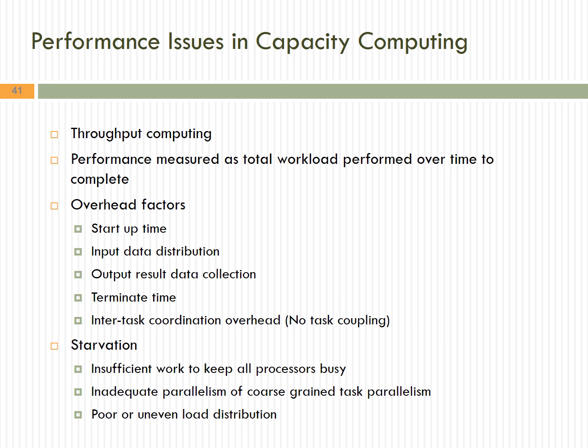There are several performance issues in capacity computing. The first one is throughput computing. Second, performance measured as total volume performed over time to complete. And the third is overhead factors. There are five factors: the first one, startup time, input data distribution, output result data collection, terminate time, and the inter-task coordination overhead, not task coupling.